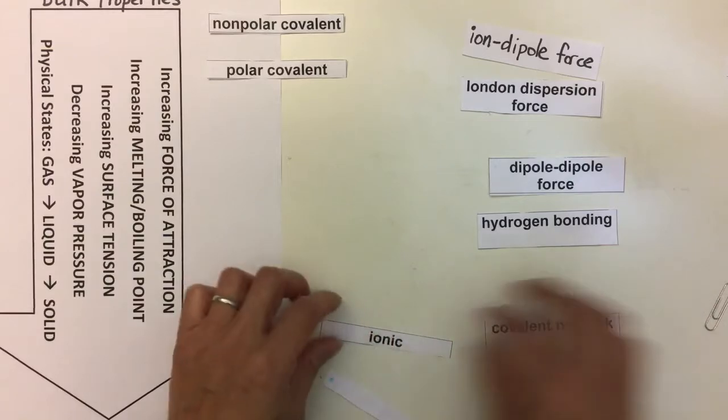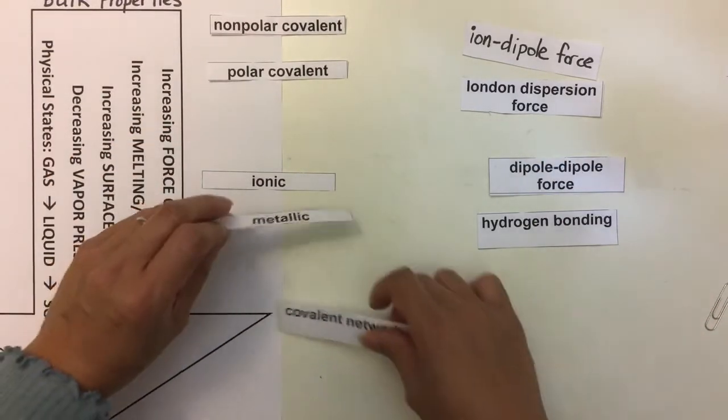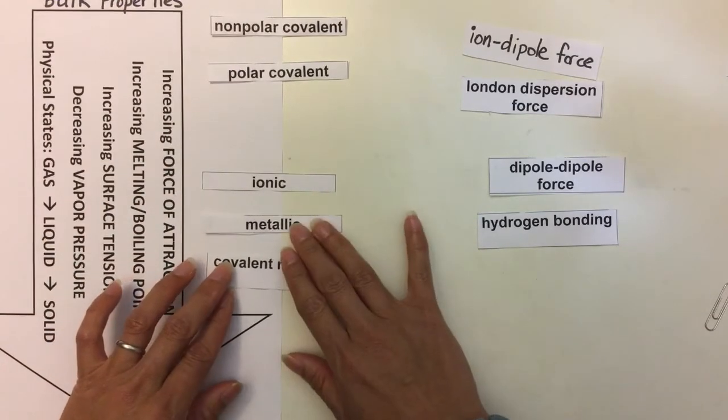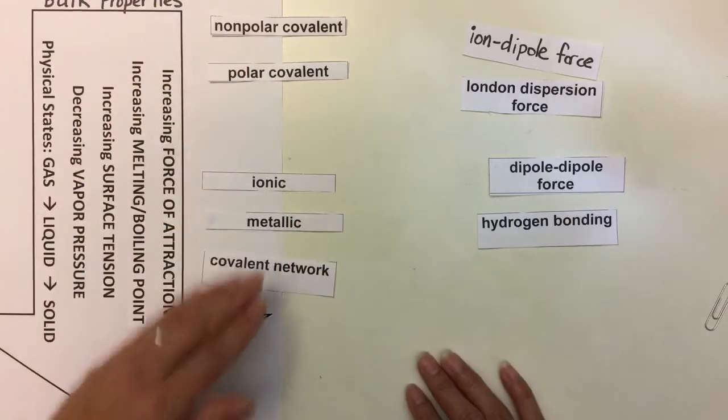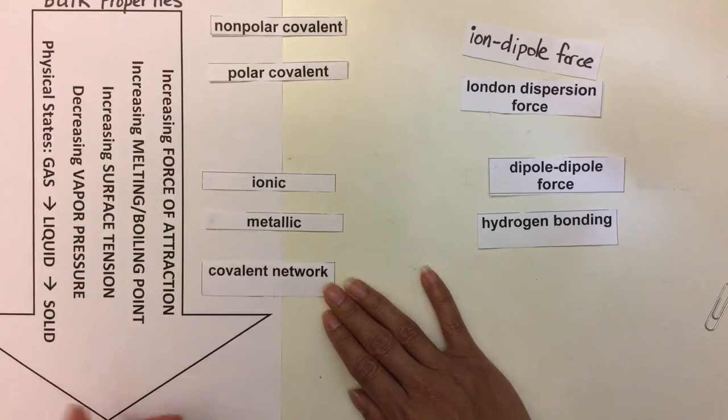What goes next would be your ionic bonding, and then your metallic, and then your covalent network. So the order and ranking of those chemical bonds, starting with covalent, ionic, metallic, and then covalent network.